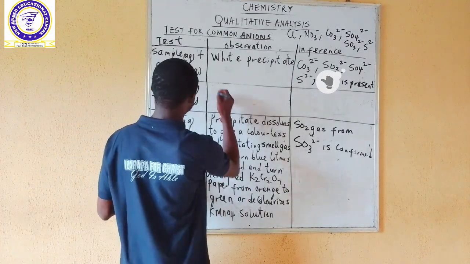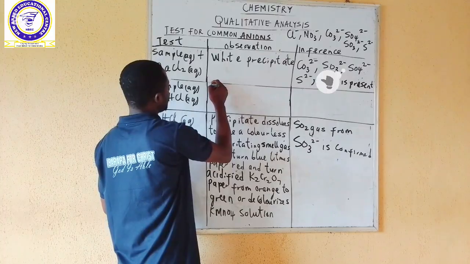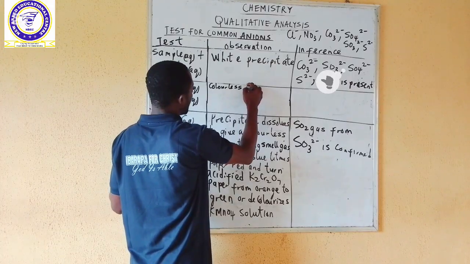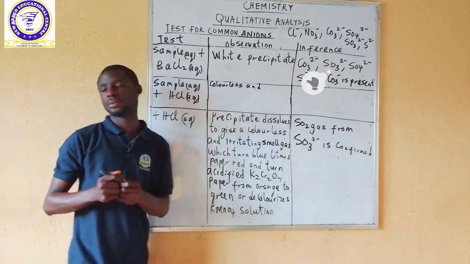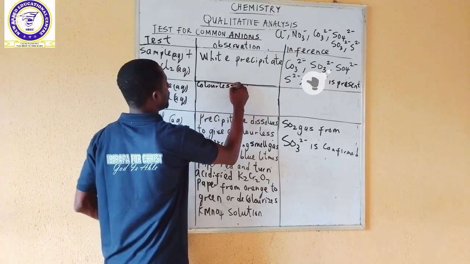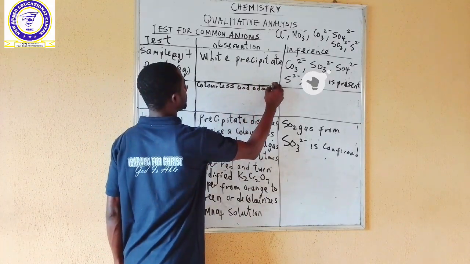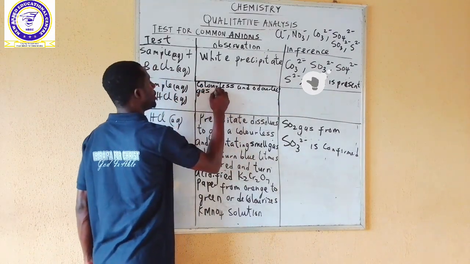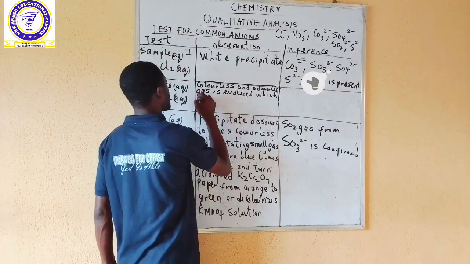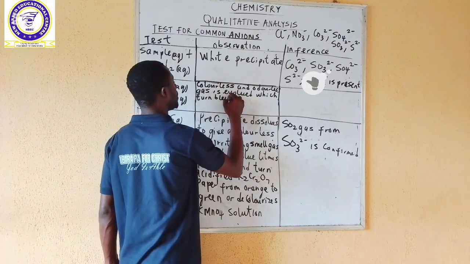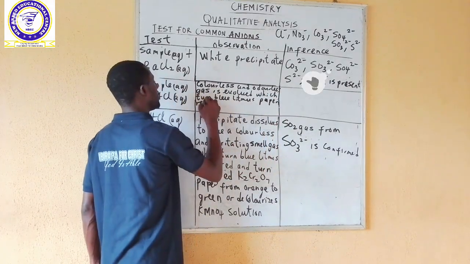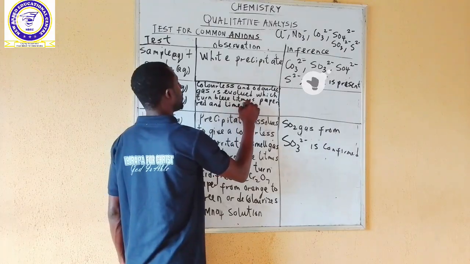So our observation will be a colorless and odorless gas is evolved, which turns blue litmus paper red and lime water milky.